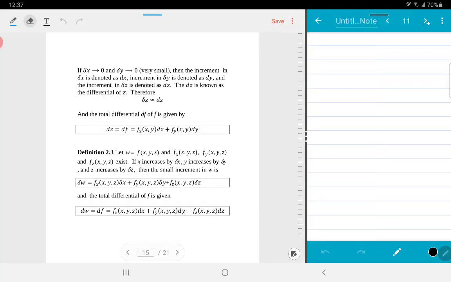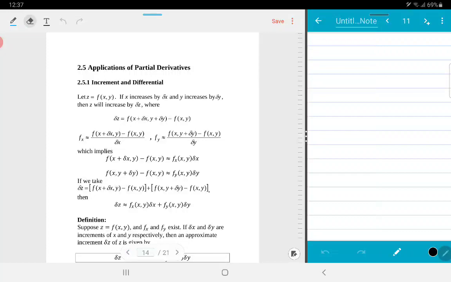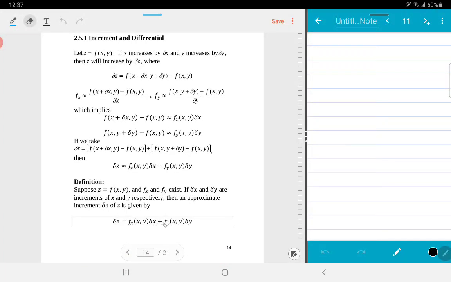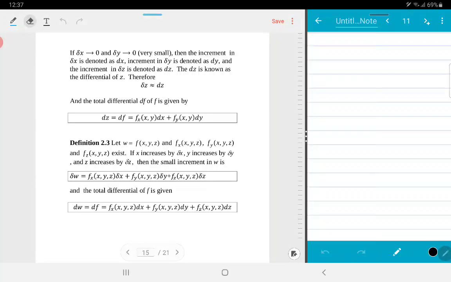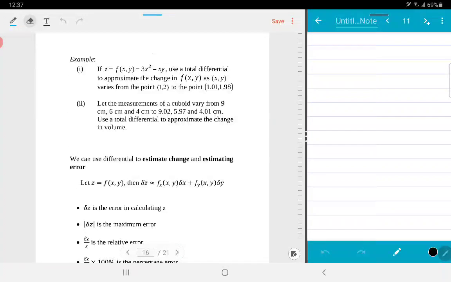As you can see in the 2 equations here, we use partial derivatives. This one is the increment in w. This is the total differential of f, or of w. Here we have 3 independent variables, and in the first definition we have 2 independent variables. The total differential and the increment can be used to find approximations.